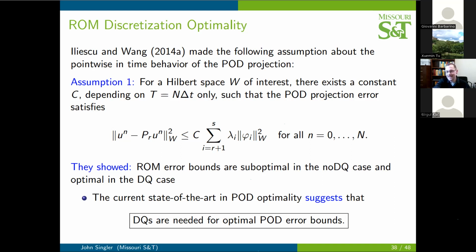This constant C is independent of your discretization parameters, though it might depend on the final time of your time interval and so on. But all that we just said indicates that this is probably unlikely to be true, going back to what we started with, right? Kunisch and Volkwein had these time derivative data in there, or difference quotients.